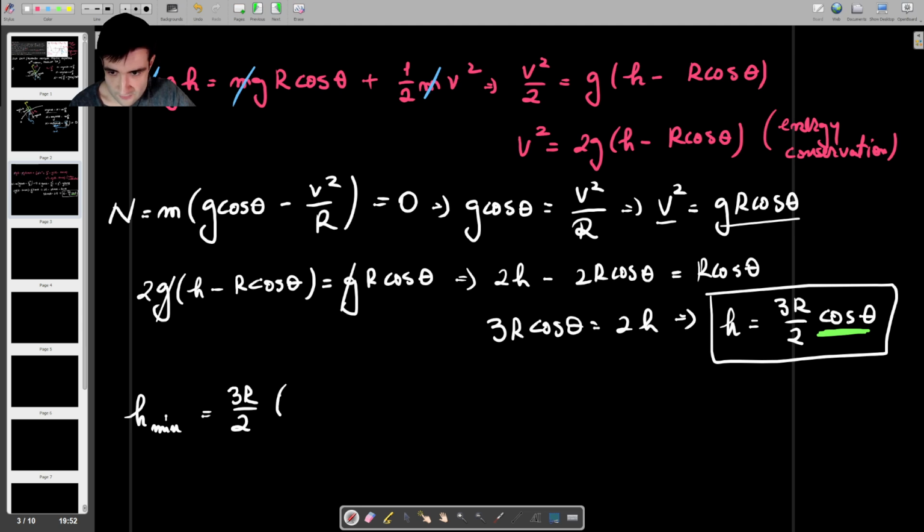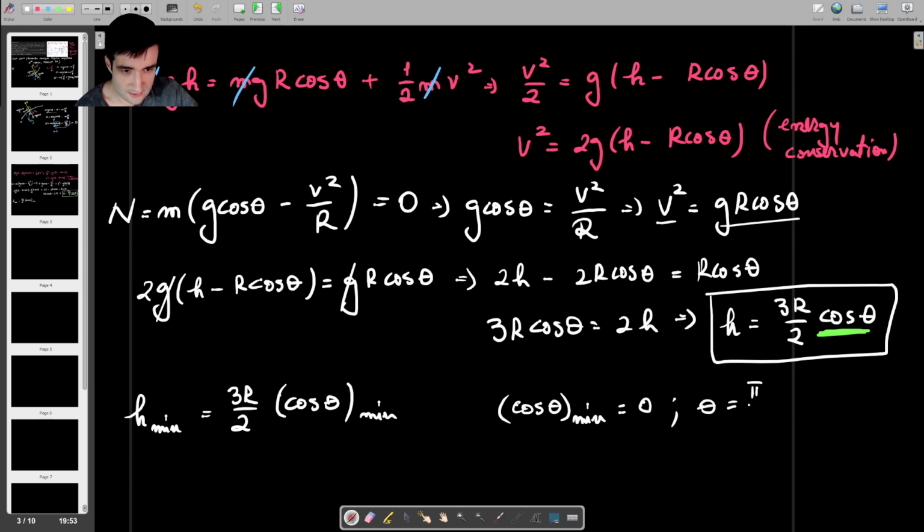So we want to find when this cosine is as small as possible. If we think about trigonometry, in the first quadrant, the minimum value of cosine is 0, and this happens when the angle is pi over 2 or 90 degrees.